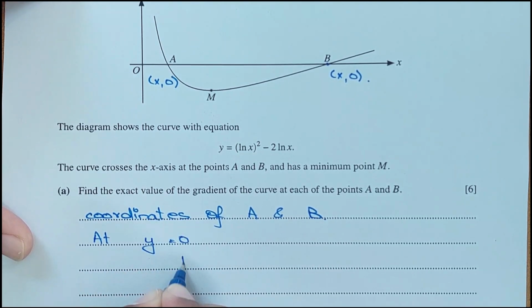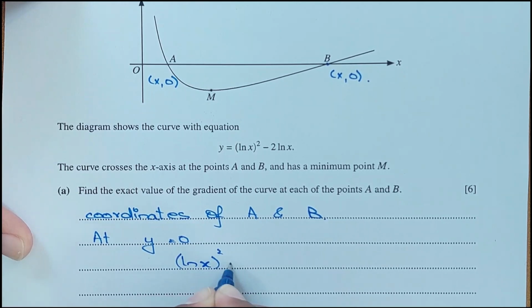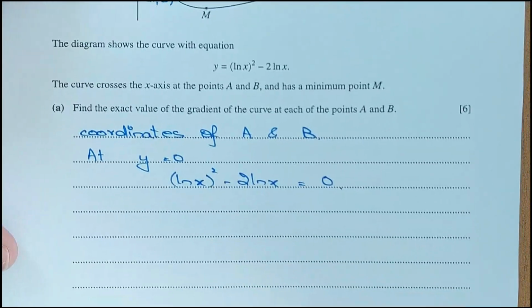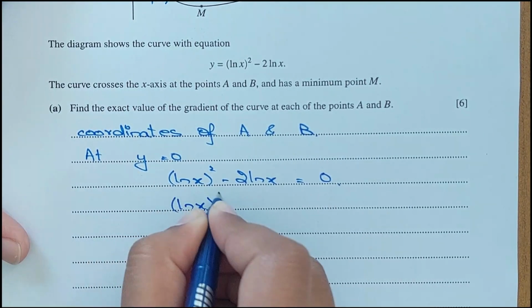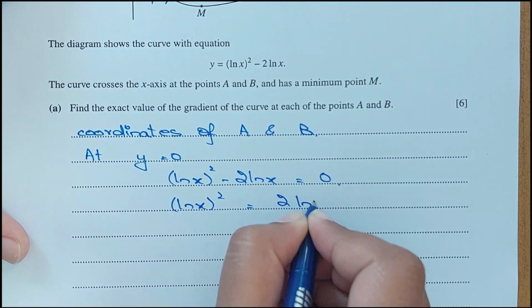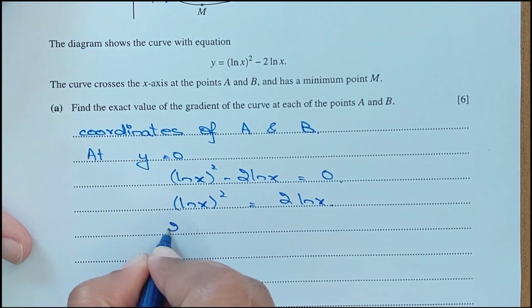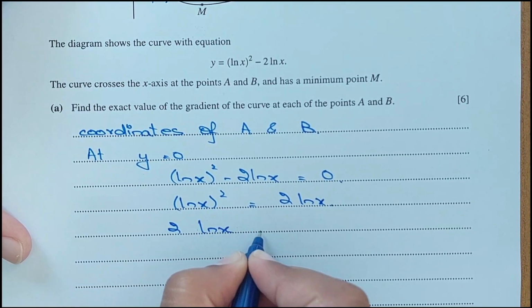What is the curve? (ln x) squared minus 2 ln x equals 0, right?